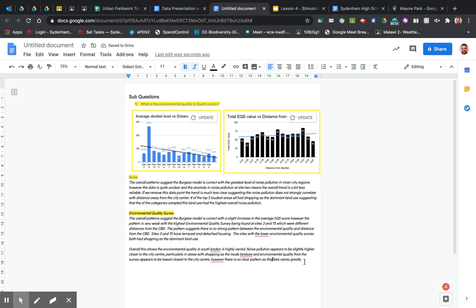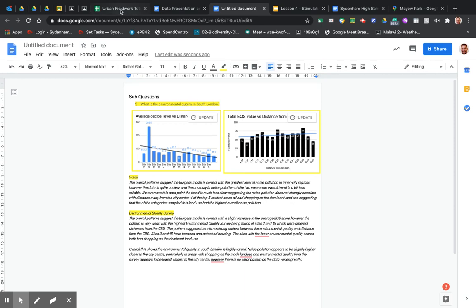But you can see, I've got a quick summary of the graph for noise, a quick summary of the graph for environmental quality, and I've got a short paragraph at the end that repeats it. Because I've quoted figures in this part, I don't necessarily need to quote them again here. I've just summed up what I've said. But the key thing, I can't stress this enough, is focus in on answering the question.